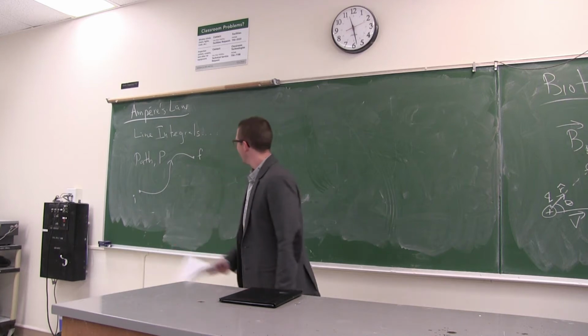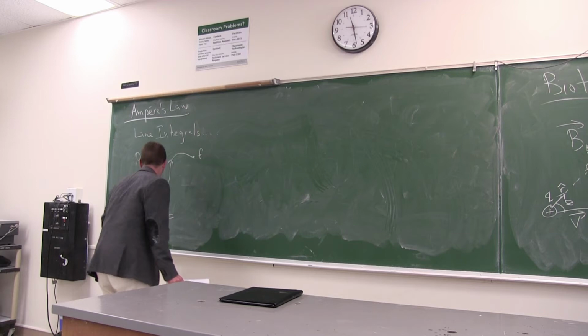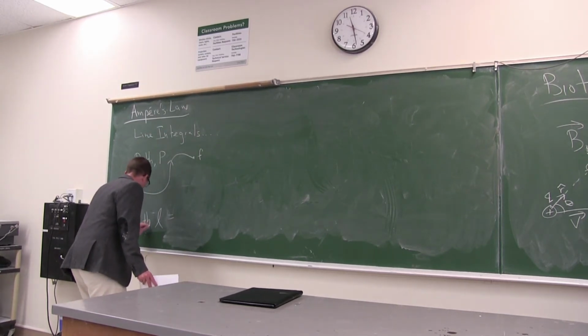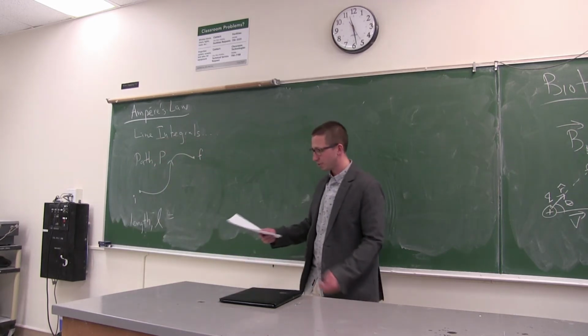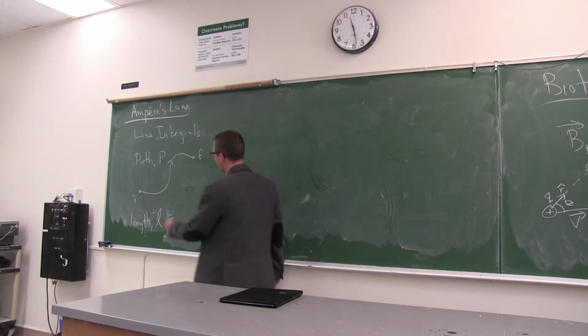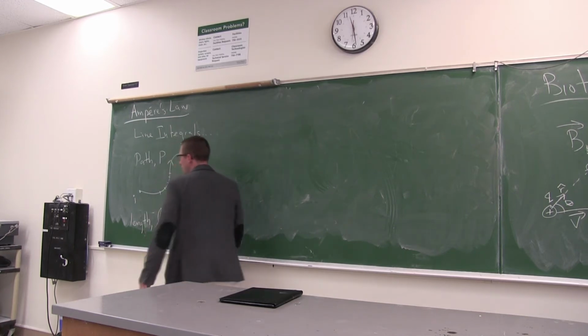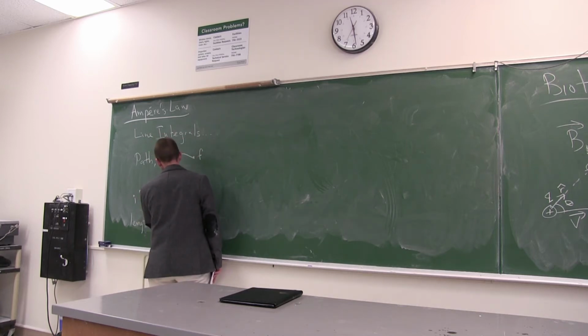Now, in calculus, line integrals will allow us to do the same thing. If I want to find the length L of this string here, I want to break it up into little pieces. Let me say that each piece has a length ds.